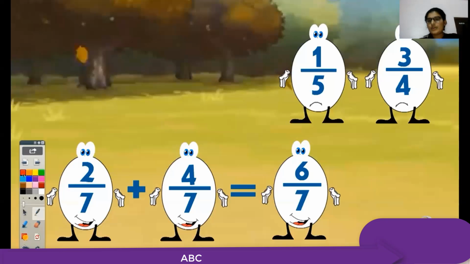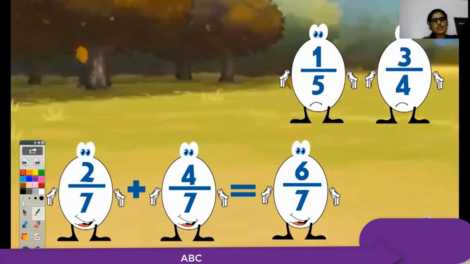Now 1 by 5 and 3 by 4, they both are unlike fractions. Now how can we convert these two fractions into like fractions?